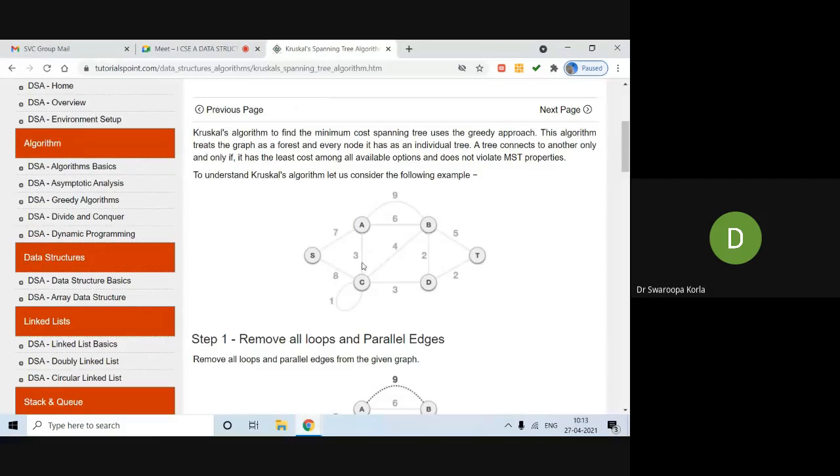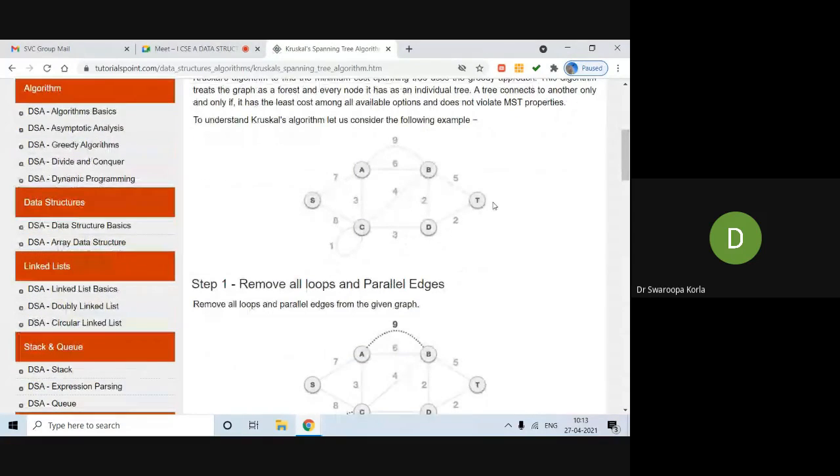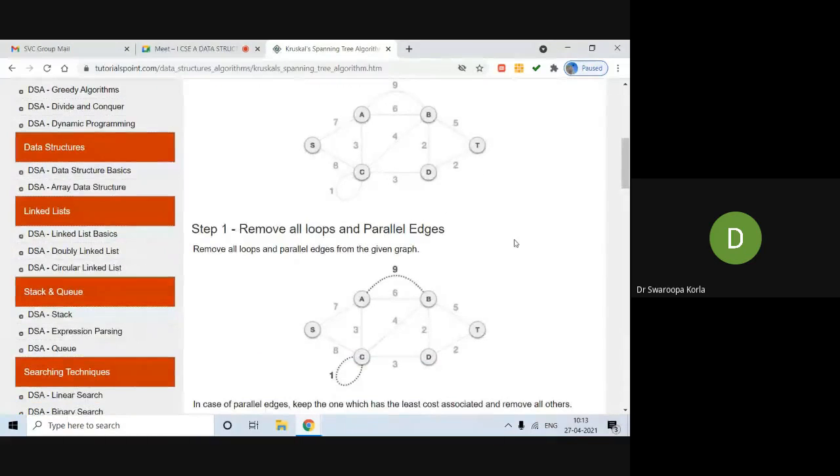Enough. Now look into this example. See, don't get diverted. Look into the example carefully. See, S, A, B, C, D and T. 6 vertices. And S to A, one edge, S to C, another edge, and S to A edge weight value is 7, S to C weight value is like 8.